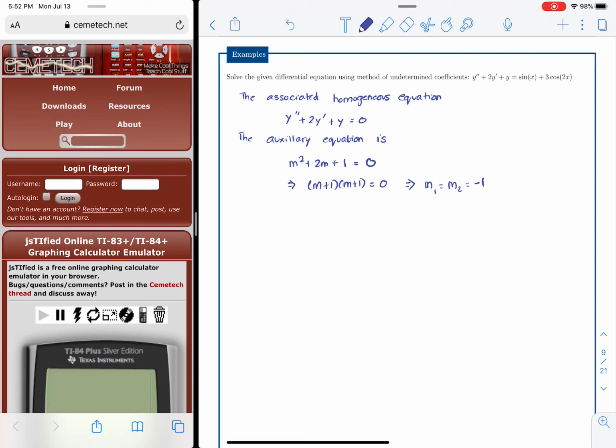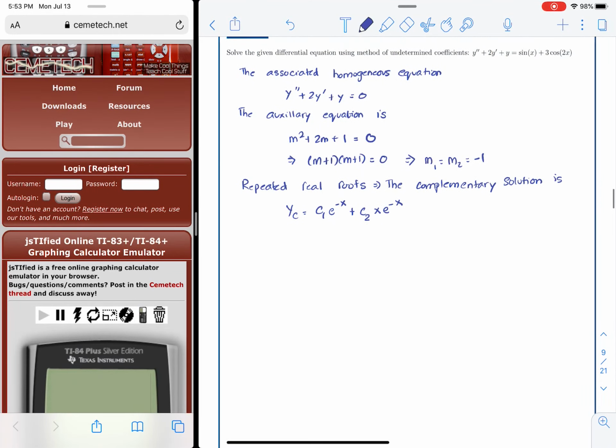So what we have here is repeated roots, and they are real. So the complementary solution is yc equal to c1 e raised to minus x plus c2 x e raised to minus x. That part is done. Now we have to move on to the non-homogeneous part.